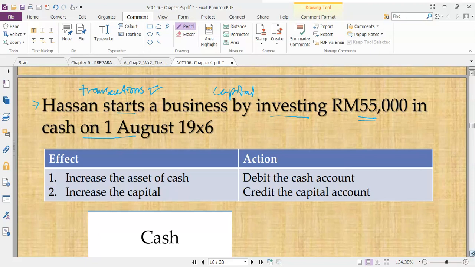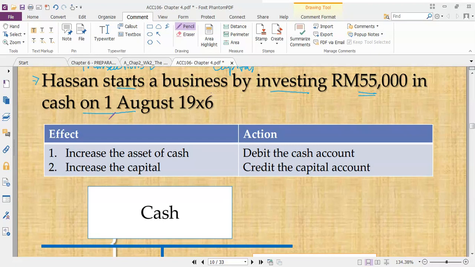So kalaulah berkaitan dengan elemen capital, so the effect is increase in asset of cash, sebab dia investing tu in terms of cash. So cash dia bertambah. Increase also the capital because of dia investing that money to the business. Okay, that is called capital. So also the same increase also. Increase the asset of cash, increase the capital itself.